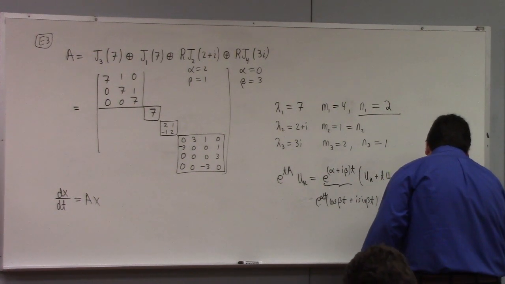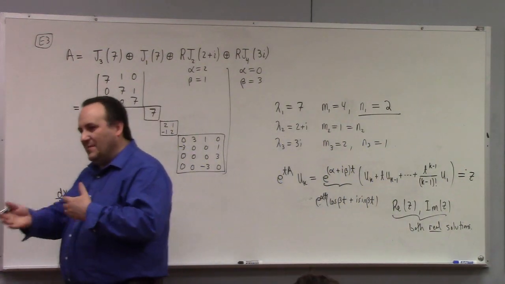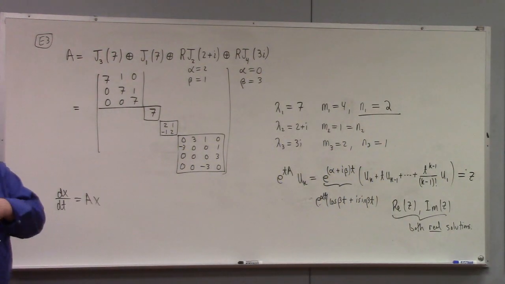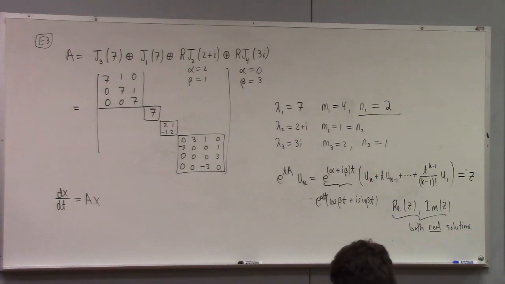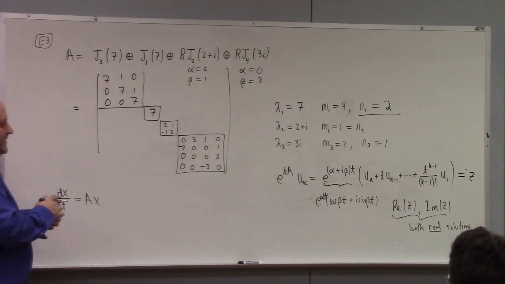I think we did this before for the complex eigenvector case. My point to you is that same idea holds here, and you just pick off the real and imaginary parts.